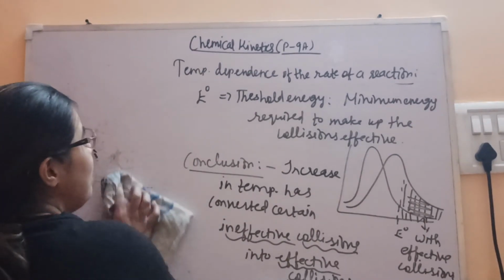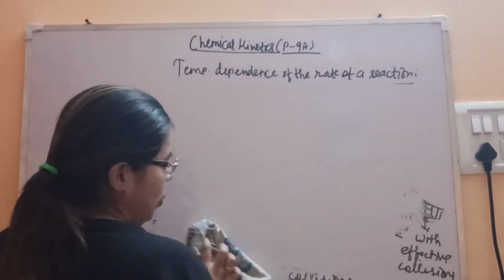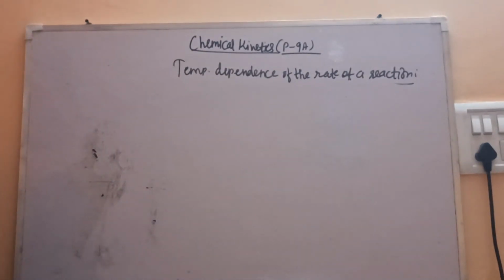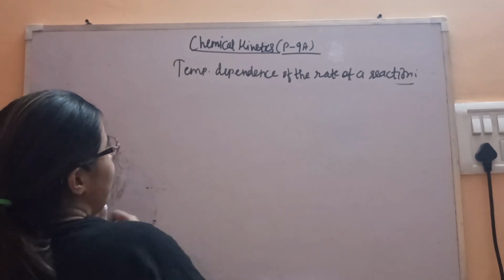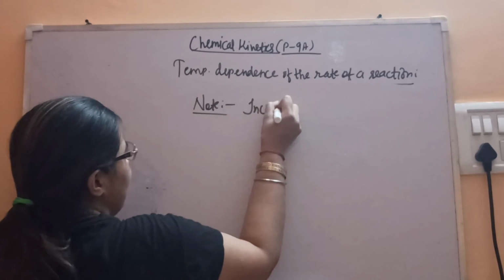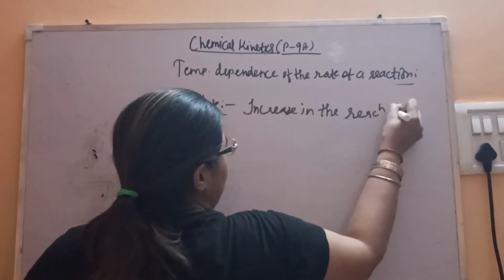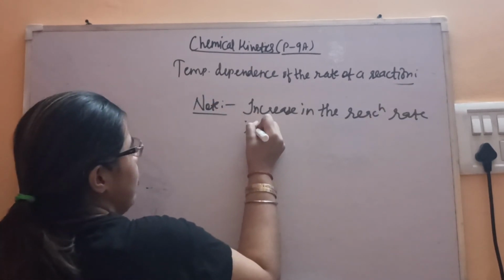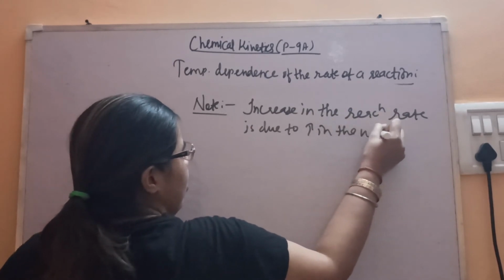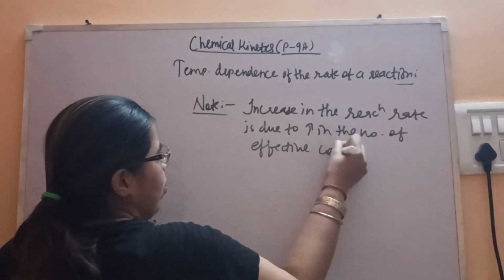How you will come to know whether the collisions are effective or not, you will come to know from the collision theory. We will study later at the end what the collision theory is, and what the factors required for that are. So you can note one point as the final conclusion, that increase in the reaction rate is due to increase in the number of effective collisions.